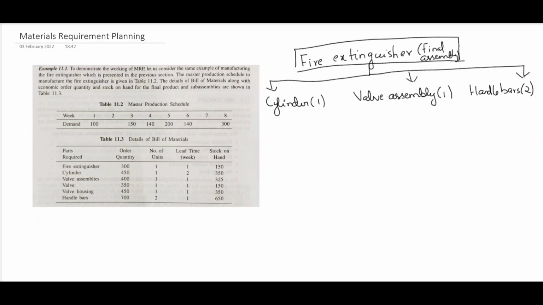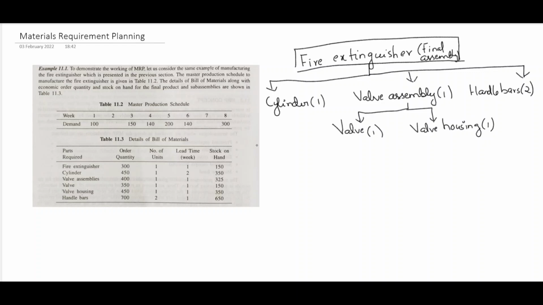Again, the valve assembly is further divided into valve and valve housing. We can see from table 11.3, it is also clear. Valve, and another one is the valve housing, one in number, one in number.